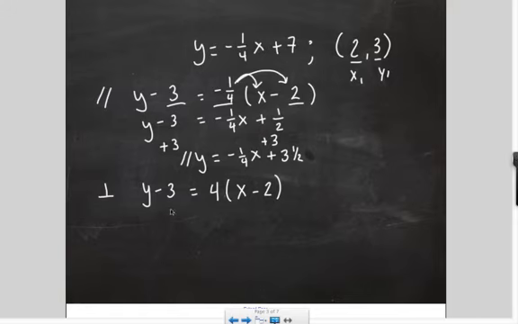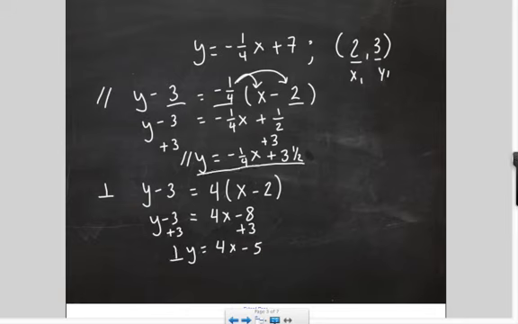Point-slope form, there's my equation, distribute my 4, I get -8, I get y minus 3, I'm going to add 3, exactly the same process, I get y equals 4x, and then it's going to be -5. There would be my perpendicular line. So there's one for parallel and one for perpendicular.